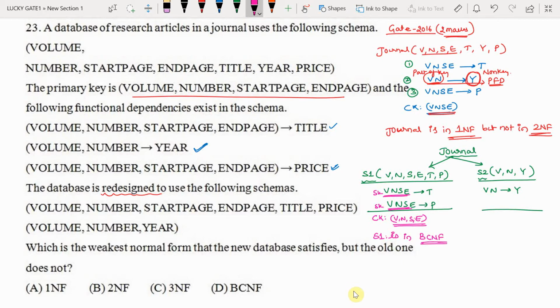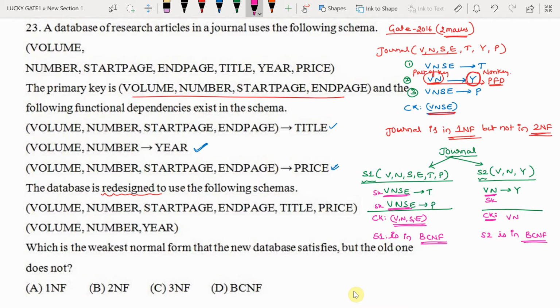Now coming to schema 2. What is the key for schema 2? Schema 2 has the key VN. Now VN is a candidate key. It is also called a super key. If every LHS of a dependency in a relation is a super key, then that schema is in Boyce-Codd normal form. It means both schema 1 and schema 2 are in BCNF.